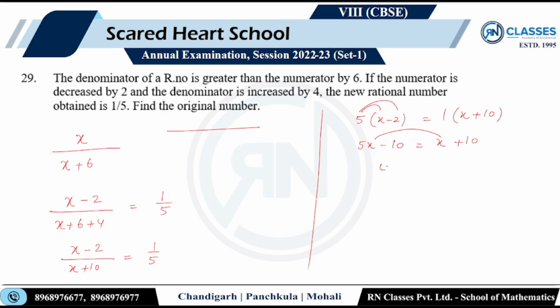This goes here, which will be 4x, and this goes here, which will be 20. So x is equal to 20 by 4, which is, now x is 5. I need the original number. Original number was given as x by x plus 6. So agar x की value 5 है, so this will be 5 by 11. This is the original.